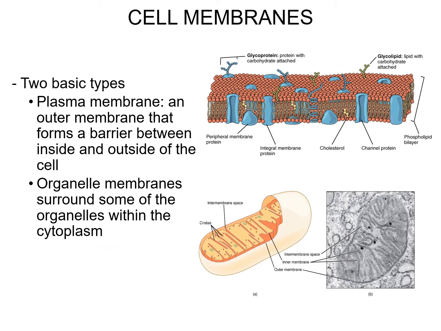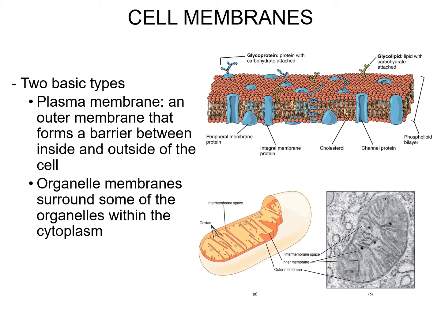With cell membranes, there are two basic types. We're really only going to be talking about this first one, the plasma membrane. That's going to be by far the majority of our conversation today. But I do want to introduce both of them. So the plasma membrane first, this is what we discussed in Chapter 2 when we were talking about those phospholipids, specifically that phospholipid bilayer.